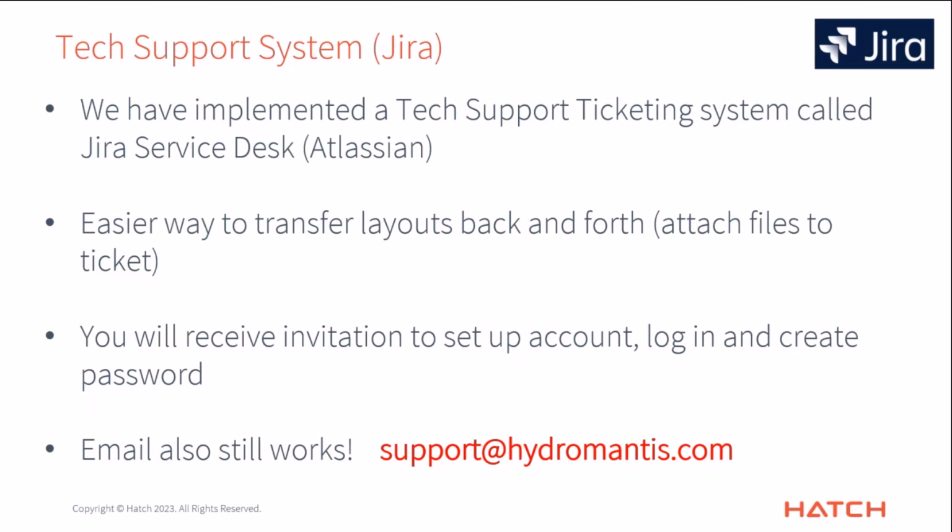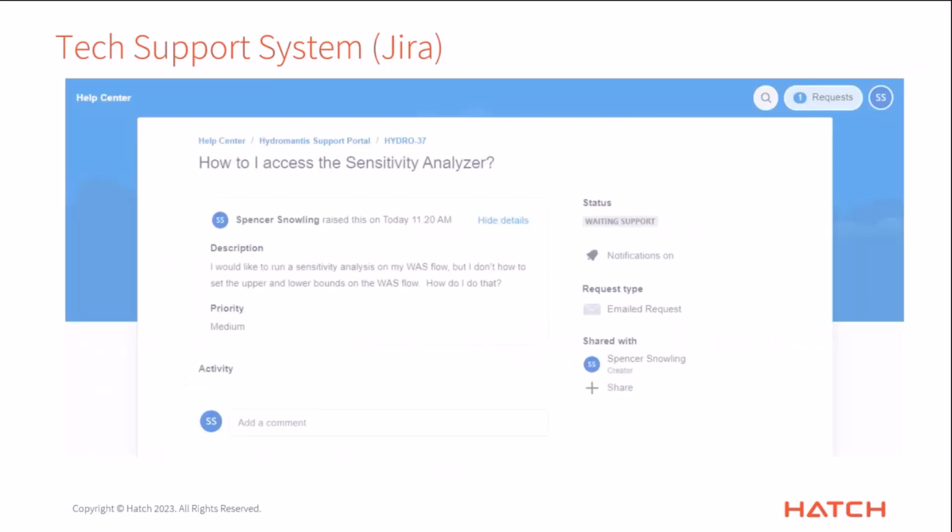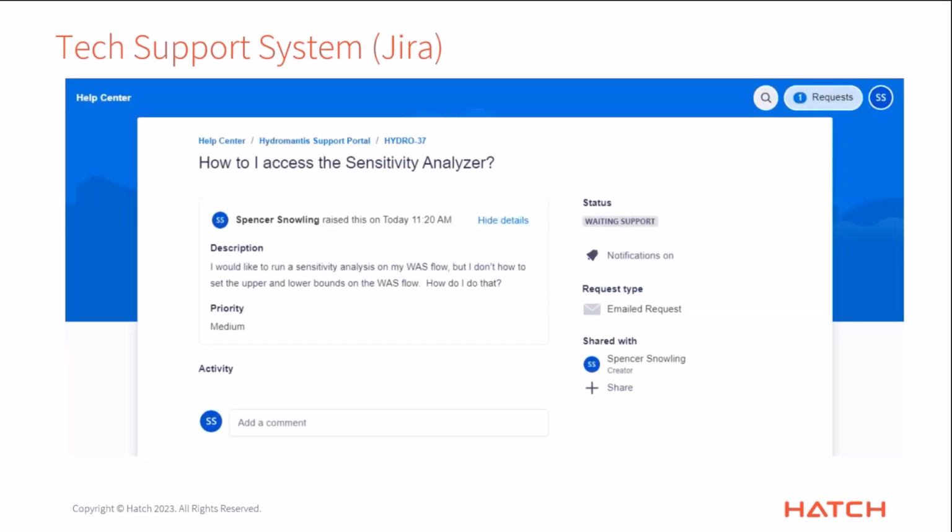Typically these days, if you send an email to the old address, we'll set it up in this ticketing system for you. But if you have an account, you can jump straight in and create a new ticket there if you like. It's been helpful for us as we have more people providing support to our clients, and also for sending the layouts back and forth. This helps a lot.